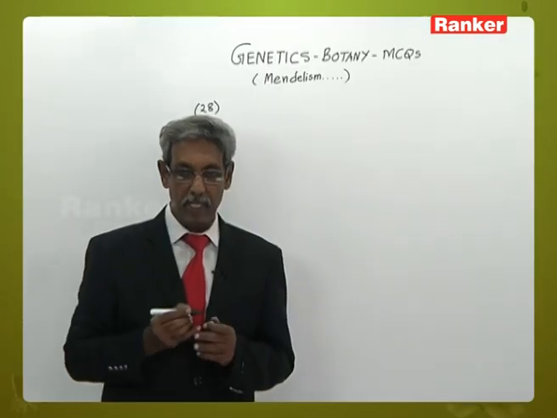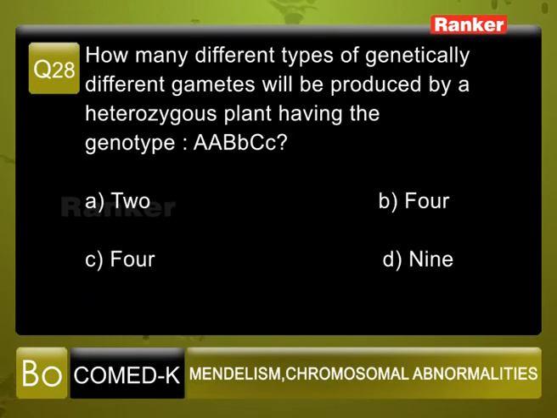In the 28th question, it is an example of a trihybrid ratio. How many different types of genetically different gametes will be produced by a heterozygous plant having the genotype capital A A, capital B, small b, and capital C and a small c?